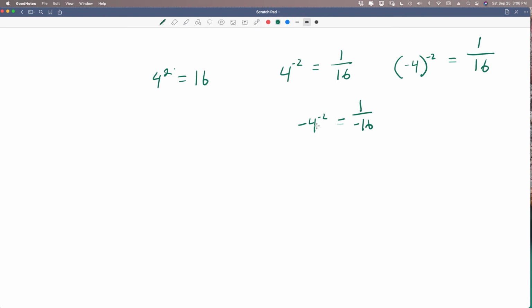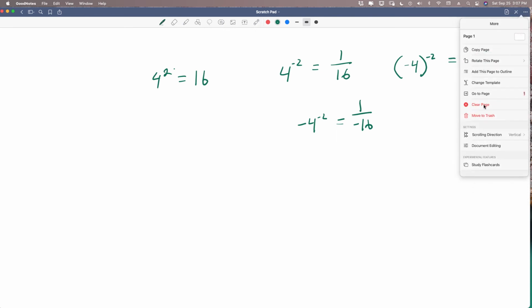If it's not enclosed in parentheses, then the negative sign is not included in the square. So that would make your result negative. All right, knowing all of this and knowing how a negative exponent causes whatever this is to flip from the top to the bottom or from the bottom to the top, let's put that into play with some expressions here.